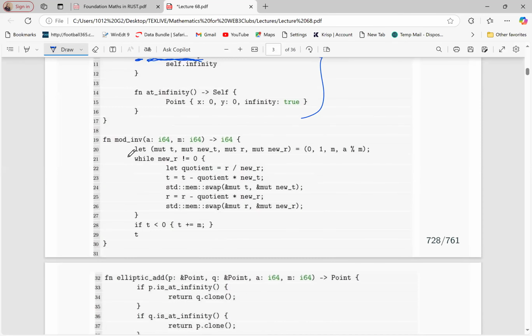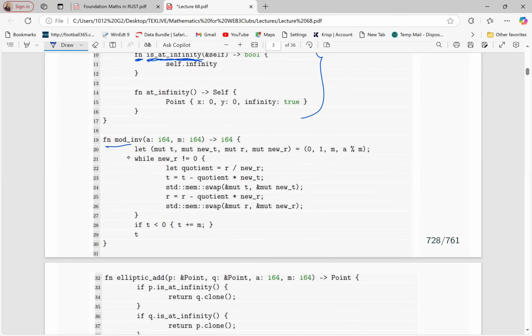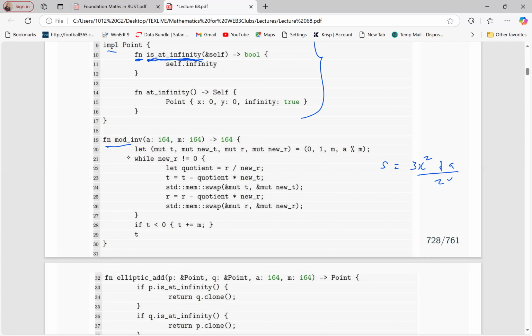Then I have this other function for getting the modular inverse, and it's using the extended Euclidean algorithm to do that. When are you getting the inverse? You know the formula for getting the gradient: it is 3x squared plus a over 2y.